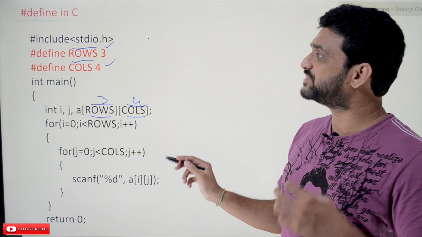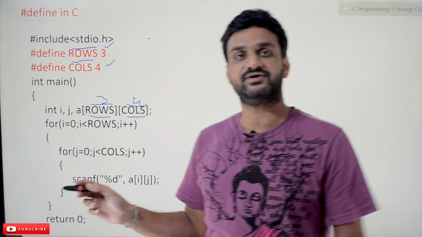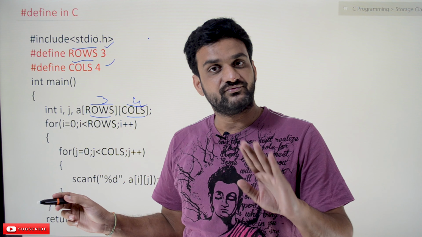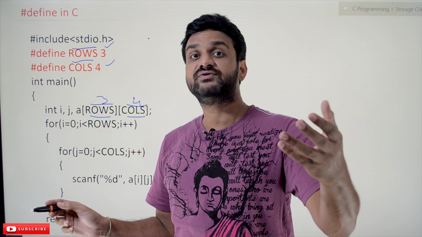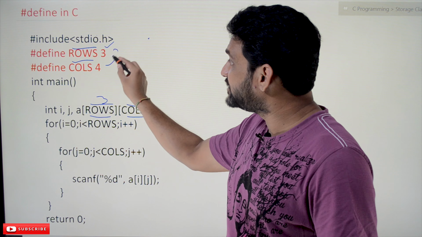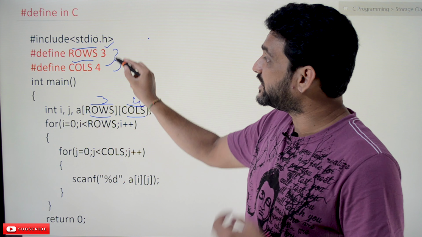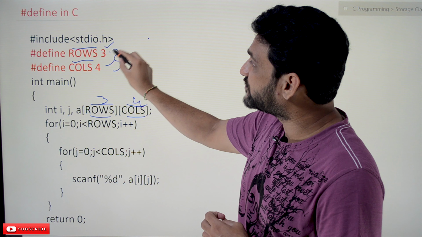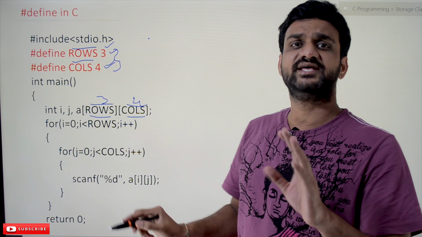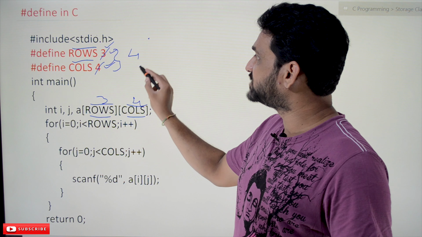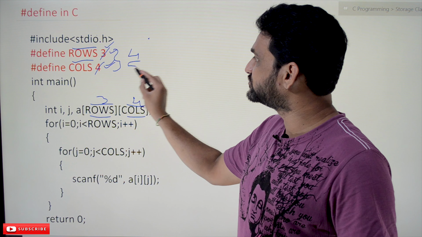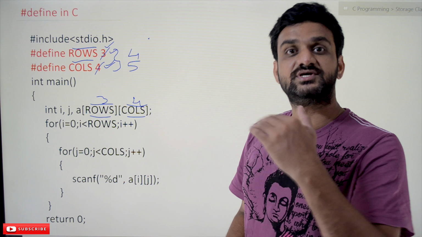One benefit of these constants is that we cannot change them. The other is that whenever we want to change the number of rows and columns in this kind of declaration, it is very easy. Just change 3 to 4 if you would like, and 4 to 5, giving 4 rows and 5 columns.